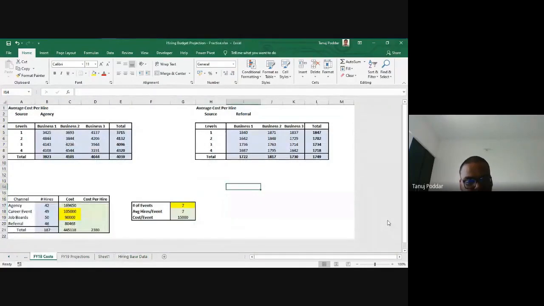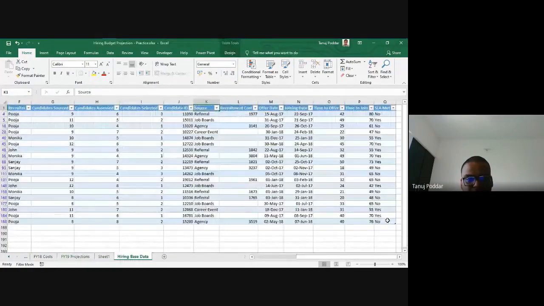It is possible to include them in the calculations as well, but then the values will keep on changing. Say I have 1 lakh as a fixed cost that I've spent on job boards for subscriptions. I can give it a formula here which will count the number of employees that we've hired through job boards and divide 1 lakh by that number.